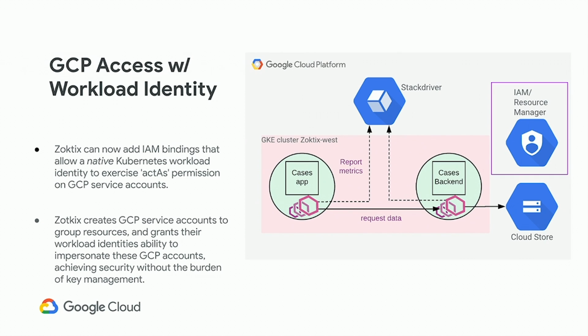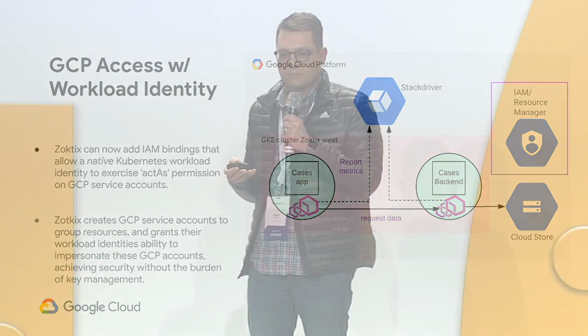Zotkicks can now add IAM bindings that allow a native Kubernetes workload identity to exercise an act-as permission on a GCP service account. So Zotkicks can create a GCP service account and use that to grant access to specific permissions and resources, and then allow their workload identities the ability to impersonate these GCP service accounts.